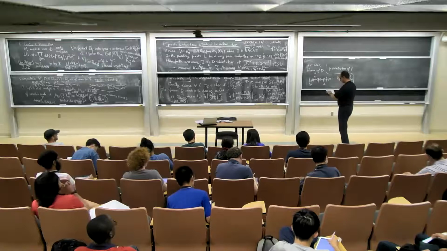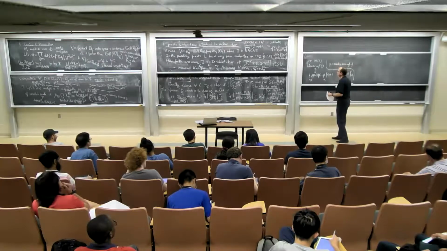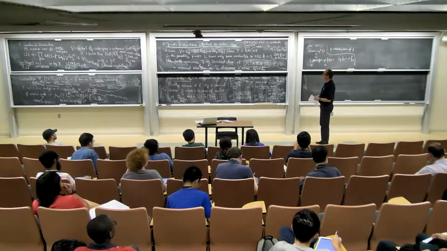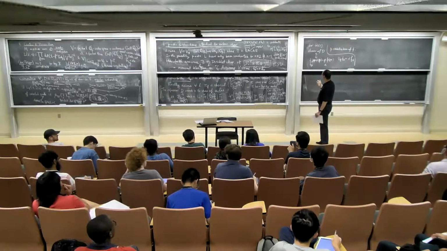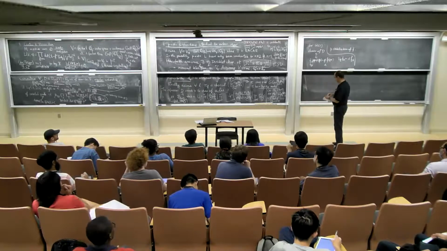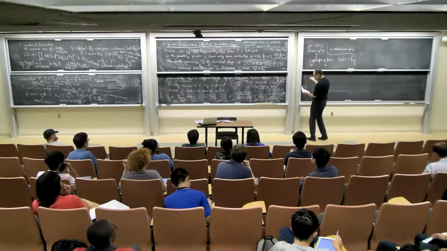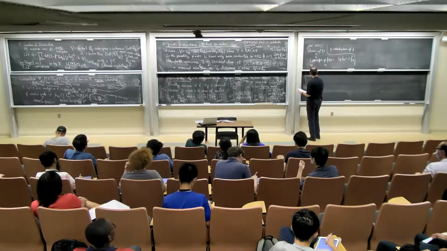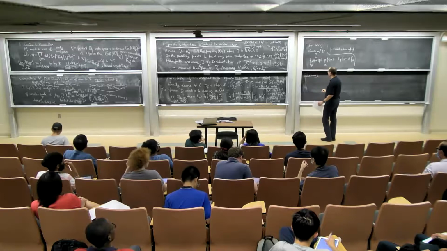Okay, so as time is running fast, let me state the theorem. I'm hesitating whether I should do it on the middle board. Here is a theorem which is due to many people.